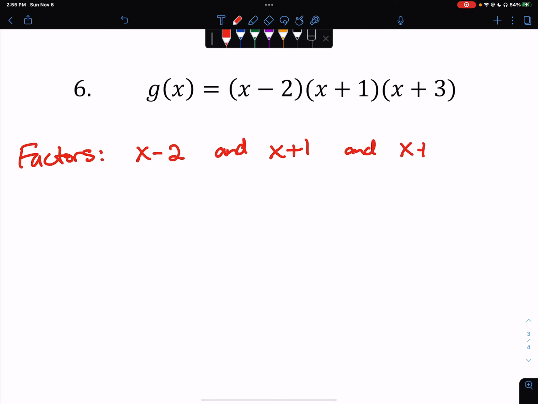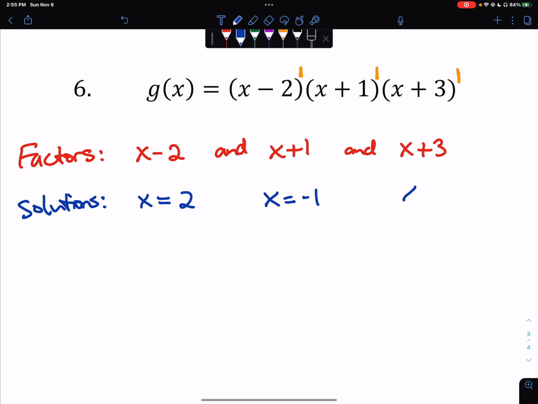So we'll just keep that in mind. Our solutions then for each one: x would need to be positive 2, negative 1, and negative 3. So from there, we know that we have the points (2, 0), (-1, 0), and (-3, 0).